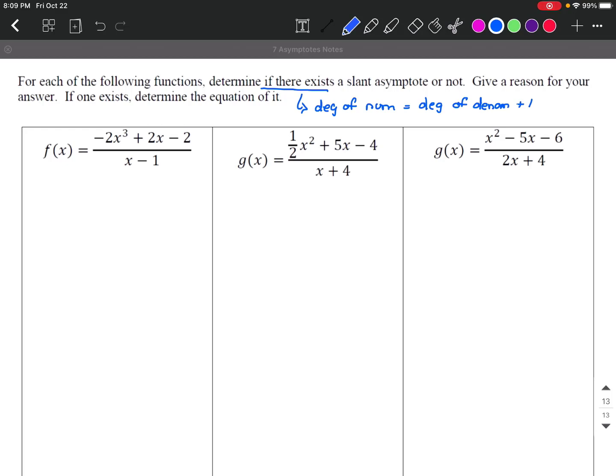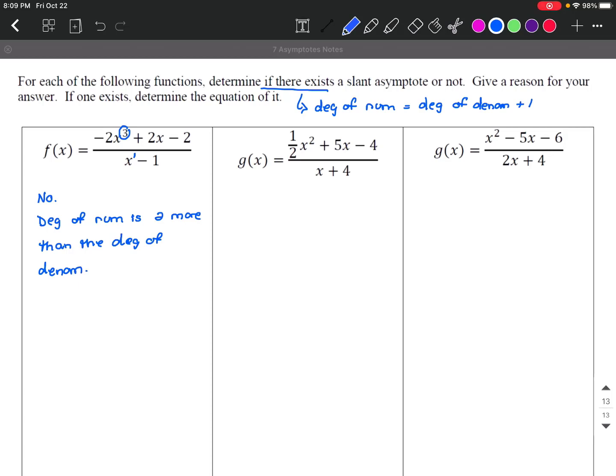If we look at f of x here, we have 3 as the degree of the numerator and 1 as the degree of the denominator. This is not going to have a slant asymptote because the degree of the numerator is 2 more than the degree of the denominator.